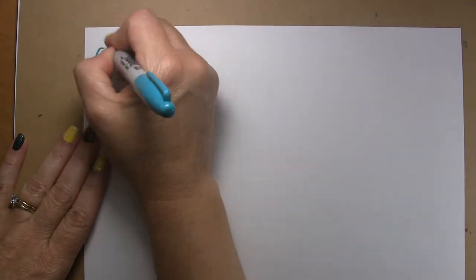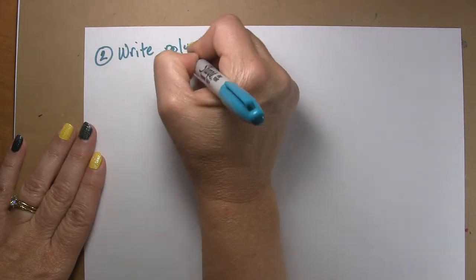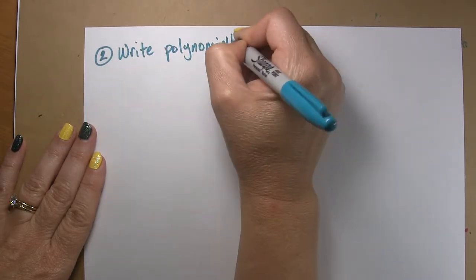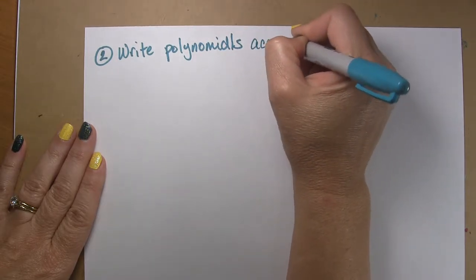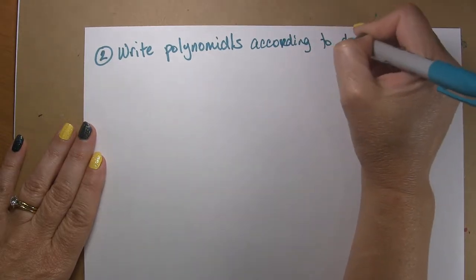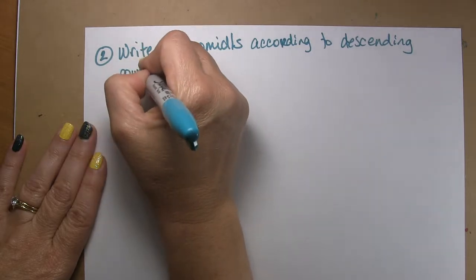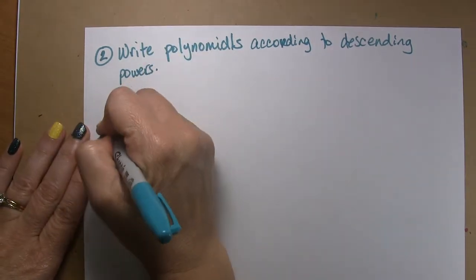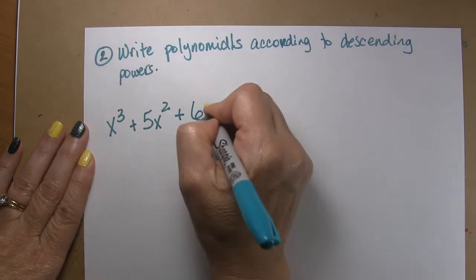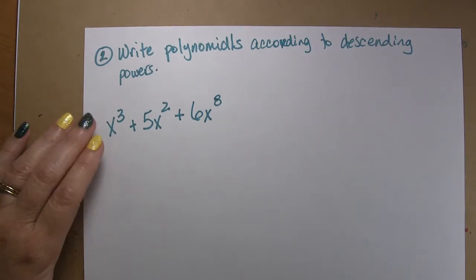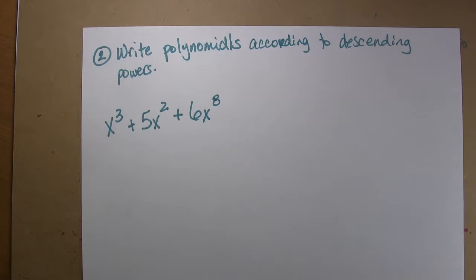Okay, the second thing that you need to be able to do is to write polynomials according to descending powers. So let me give you an example of what I mean. If we have x to the 3rd plus 5x squared plus 6x to the 8th, this is a polynomial, but this right here is considered bad form.